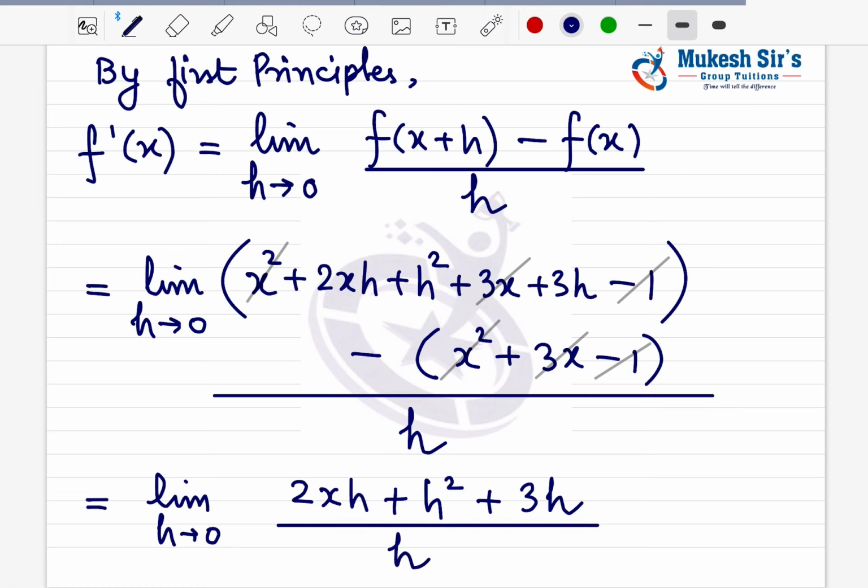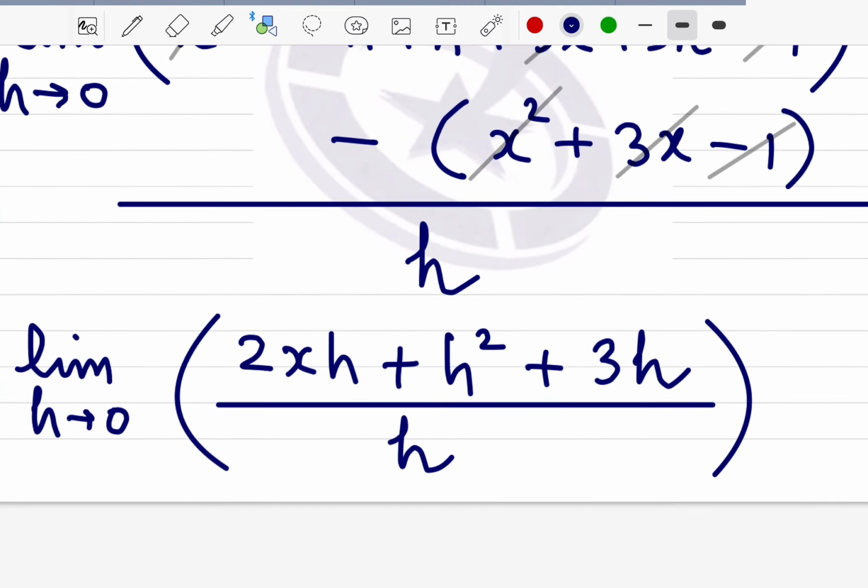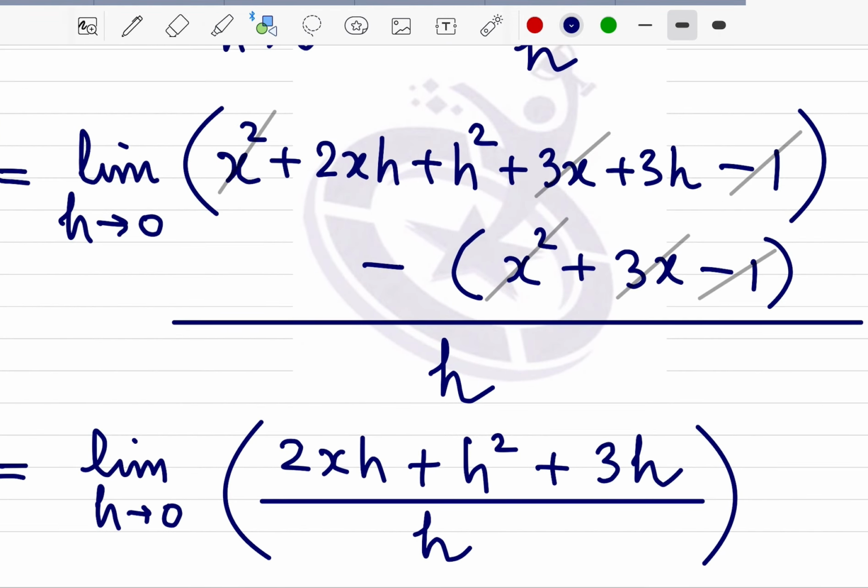Now denominator में ना h है, limit apply नहीं कर सकते because denominator 0 है ना? So in that case you can take h common in the numerator. तो यहाँ से भी एक h, यहाँ से एक h और यहाँ से एक h common निकालो.